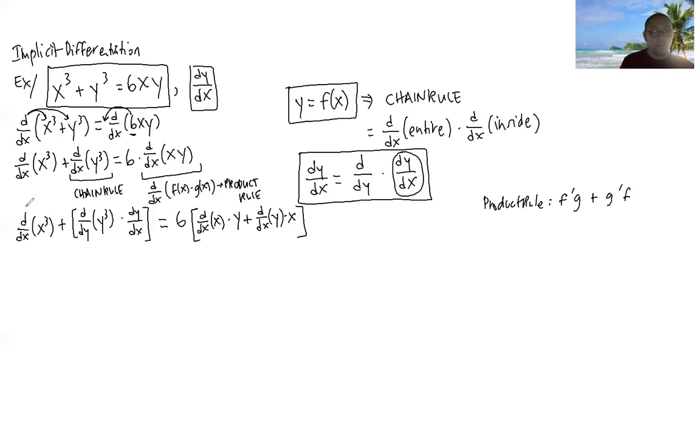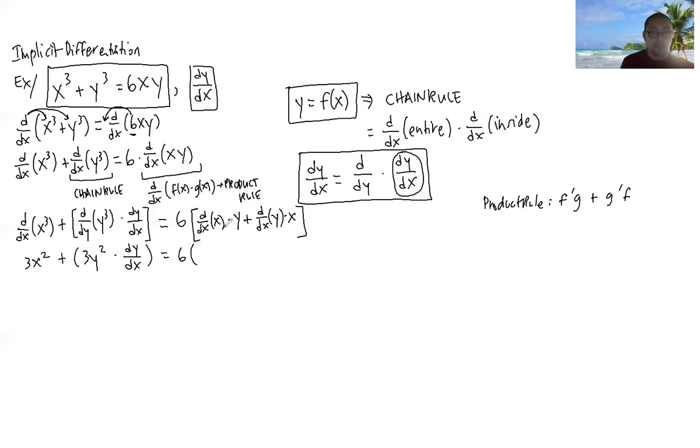So the derivative with respect to x of x cubed, power rule is just 3x squared, because 3 times 1 is 3. Leave the base, subtract 1 from your exponent, you get 2, okay? Plus this derivative, same thing, 3 times 1, leave your base, subtract 1 from your exponent. That's 3y squared times dy over dx. This is our term that we are looking for, okay?